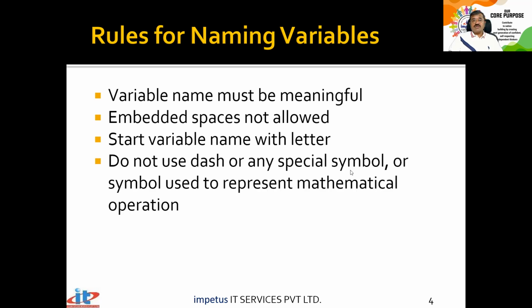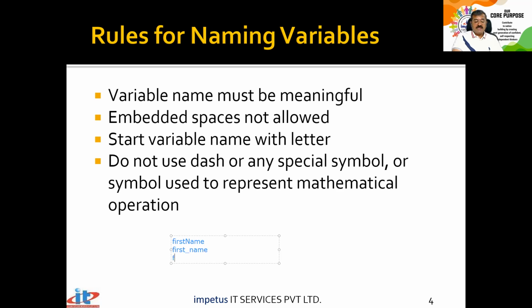Do not use a dash, special symbols, or symbols used to represent mathematical operations. That means don't create a variable something like this. Say somebody's name is firstName. Look at the way I have given it, that's lower camel case. I could have given the same variable name as first_name, that's also okay, snake case.